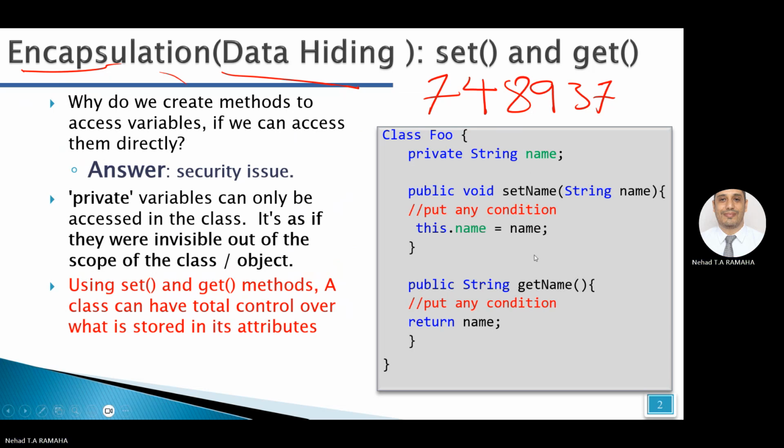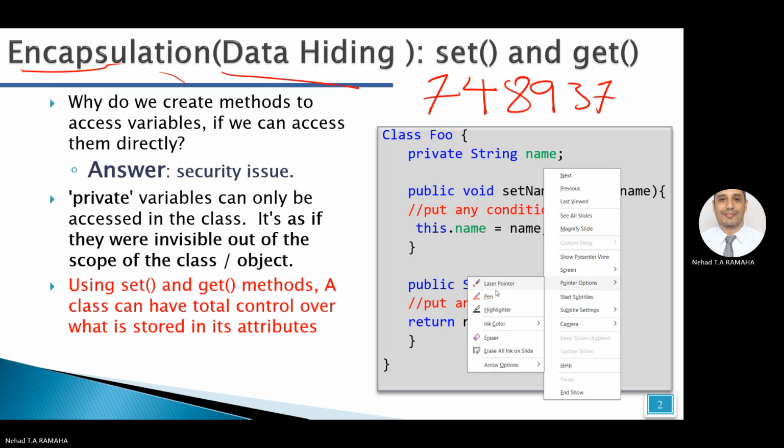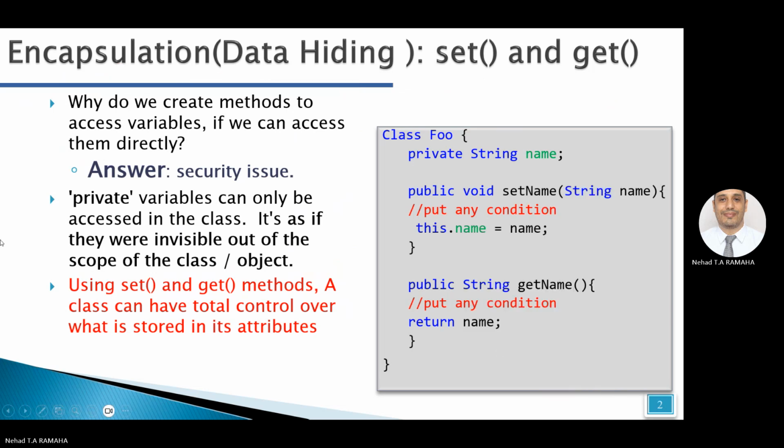So to protect the data, we make the data private. If we make the data private, we can reach the data only inside the class. So we create methods inside the class to reach the data. It depends on what level of security you want to use here.